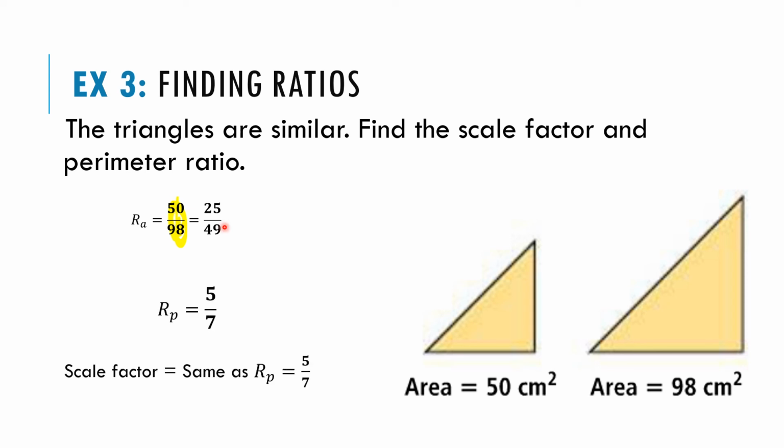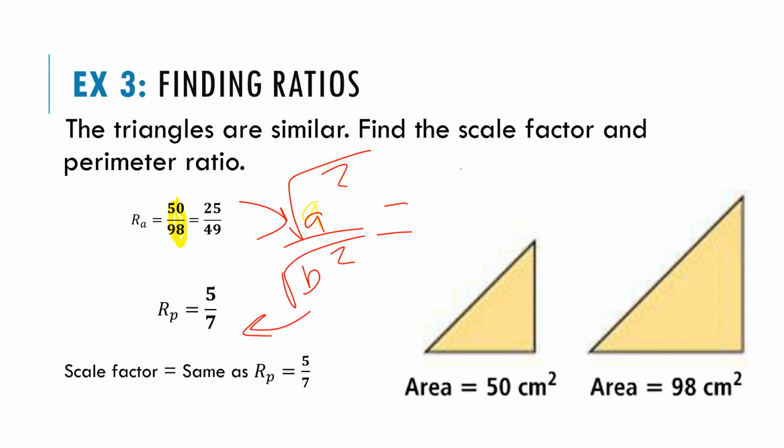So how do I find my ratio of my perimeters, which I just put up here? Well, since the ratio of the areas is a squared over b squared, that's the ratio of the areas. To find the ratio of the perimeters, I'm just going to take the square root of both of those numbers. And that'll give me a over b, which are the numbers I want for the perimeter ratio.